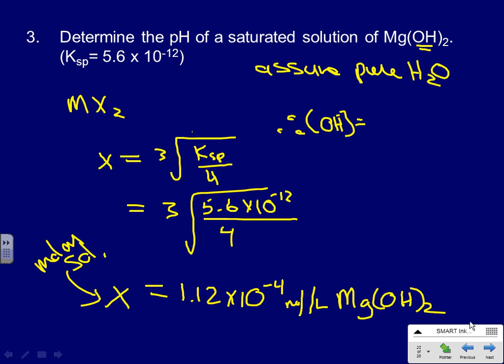So it is 1.12 times 10 to the negative 4, and this is like the 2-to-1 ratio scenario, right? 2 OHs to 1 magnesium hydroxide. That's like the hypothesis question in our little experiment that you got back, right? We had to double to get the OHs. So in this case, the OHs, what's that, 2.24?